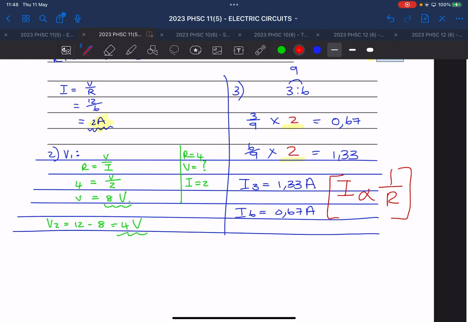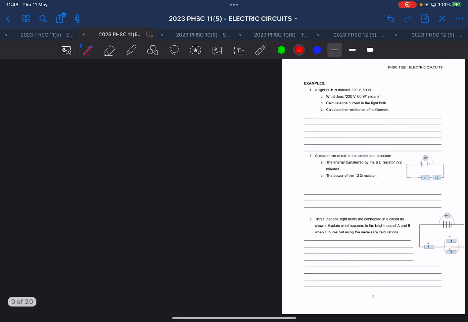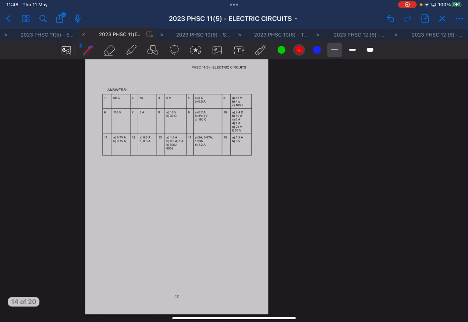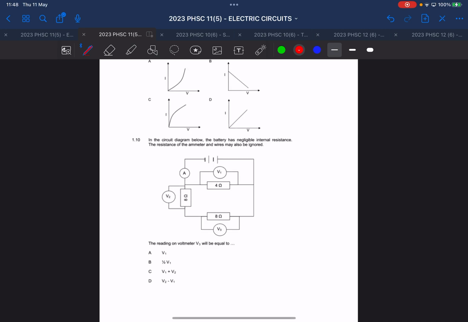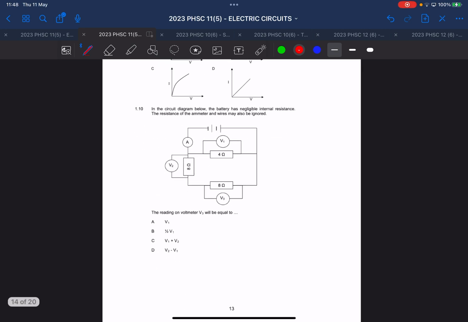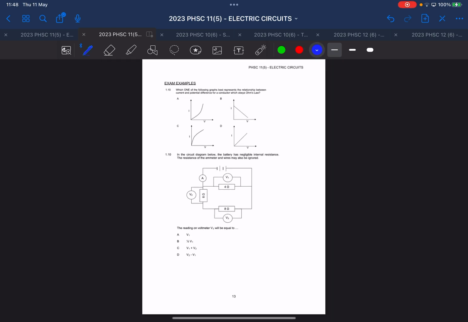So, what I want you to do for homework, on page 13, I want you to do the 1.10 and the 1.10.